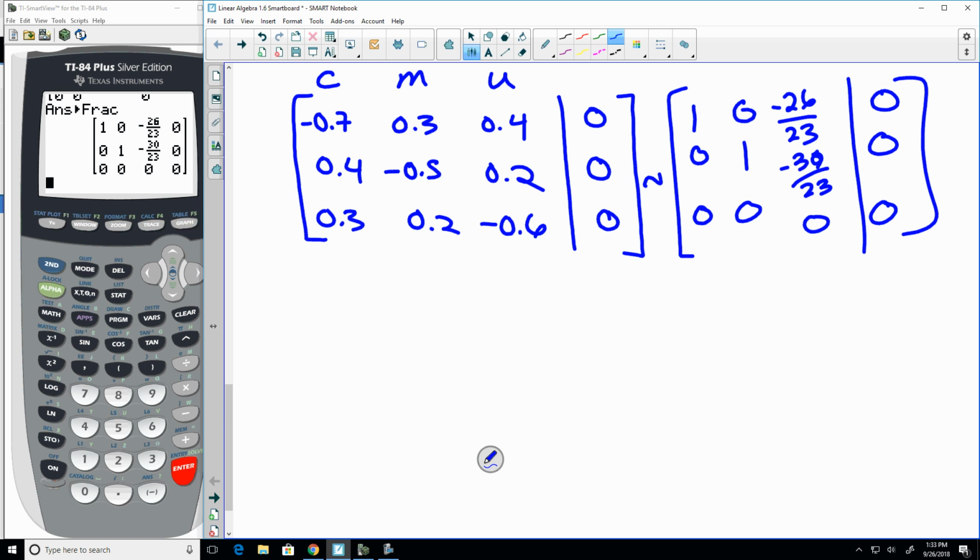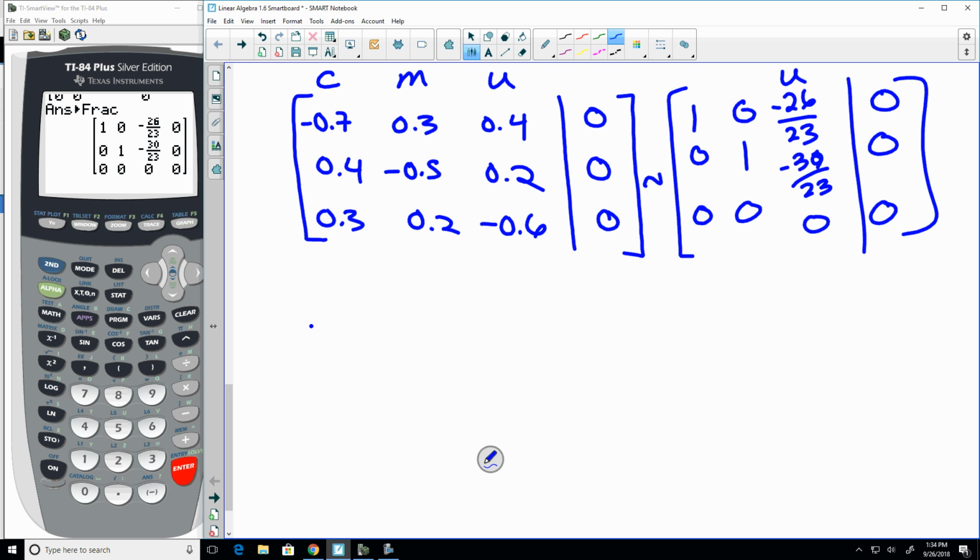All right. So do we have a free variable? Yes. So U is the free variable, right?